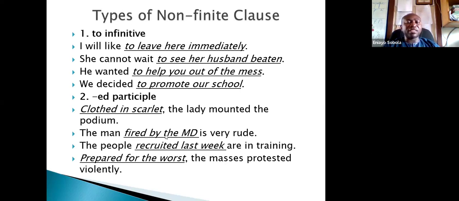The man fired by the MD is very rude. Fired by the MD is a non-finite clause with ed participle. The people recruited last week are in training. Recruited last week is another example of ed participle non-finite clause.